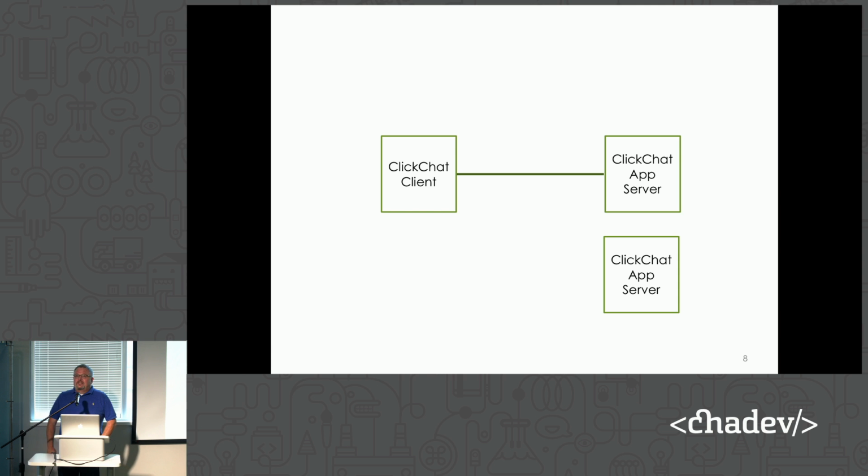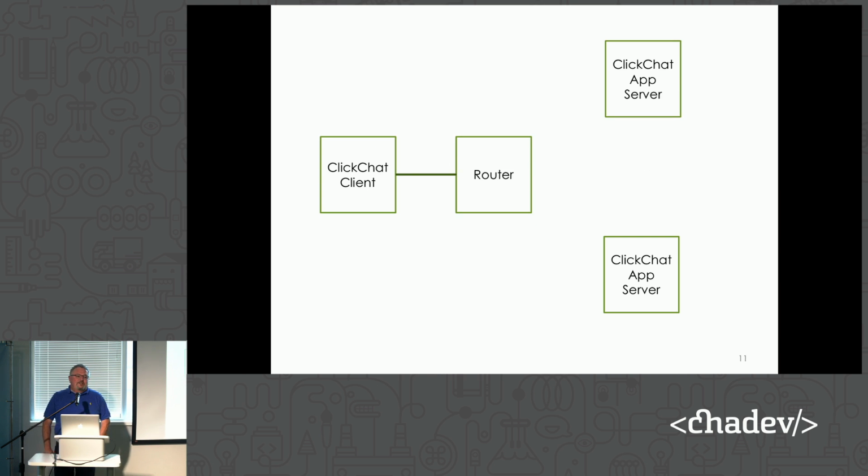So I actually need it to be really resilient, really ready to go. So I needed a bunch of back-end processing to make it happen, so I can switch back and forth and make sure all that works, so I don't have to do it manually. What do you do? You put something in there that routes, to make it happen, so your Click Chat app always has something to connect to.